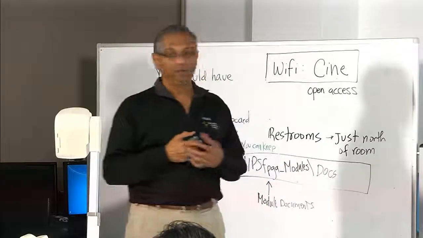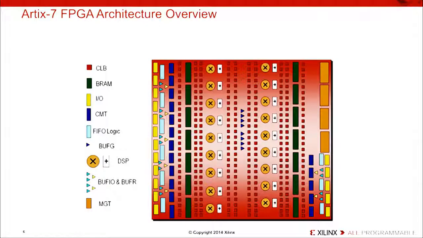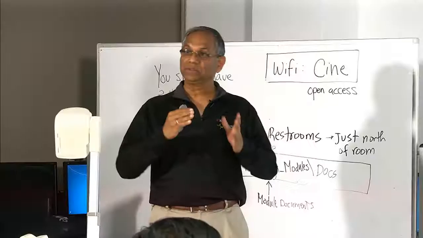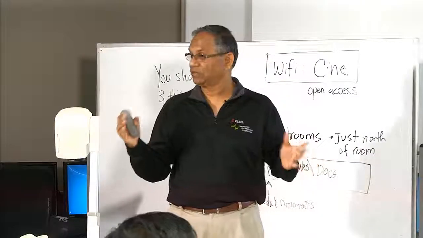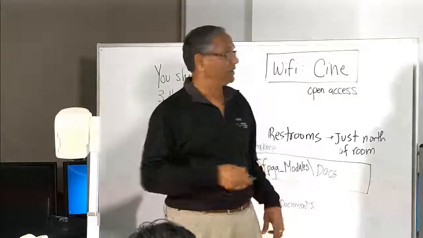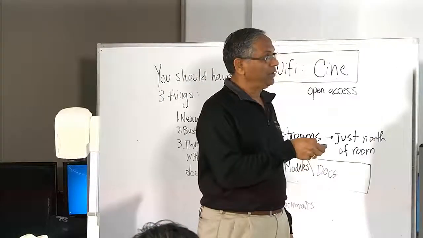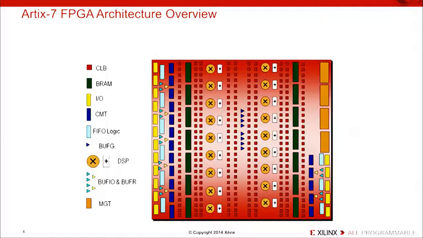If you look at inside, you can classify resources as CLB. Okay, and CLBs basically consist of slices. Okay, you have BRAMs. So CLBs are distributed; they are everywhere in the chip. BRAM is considered column based. There may be 2 columns or up to 5 or 6 columns, depending on how big the chip is. Right, and then you have IOs, which are also column based, and then we have CMT, which is a clock management tile.